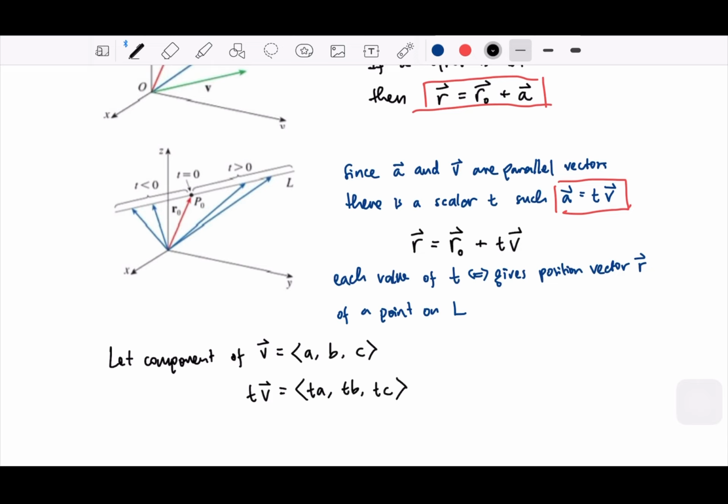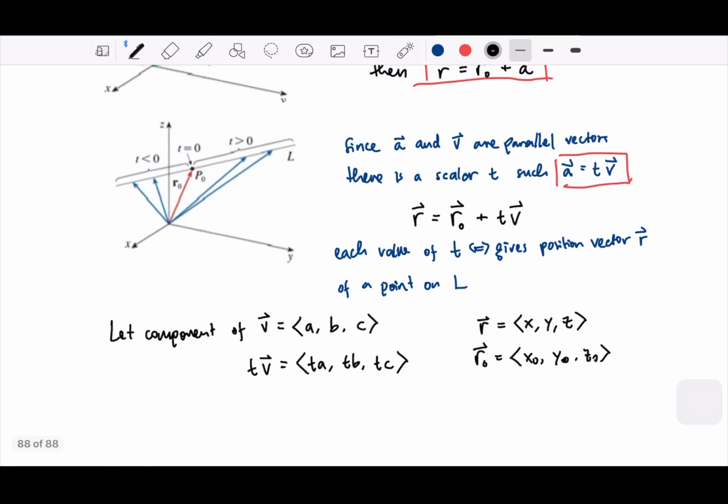We can also write our vector r as x, y, z, and our r0 as x0, y0, and z0. So we can rewrite our vector r with each component.